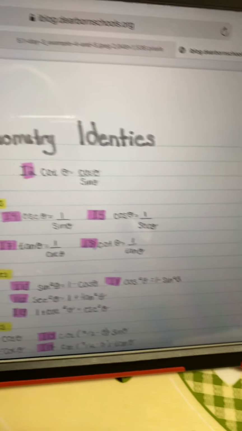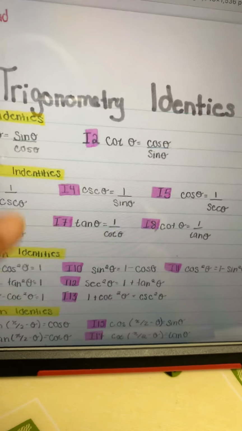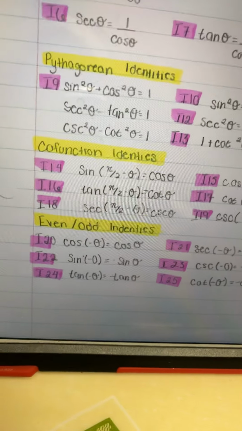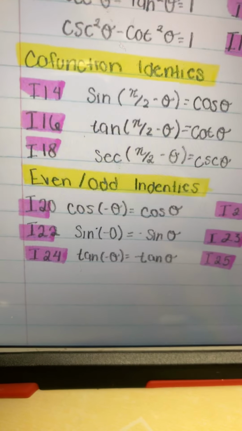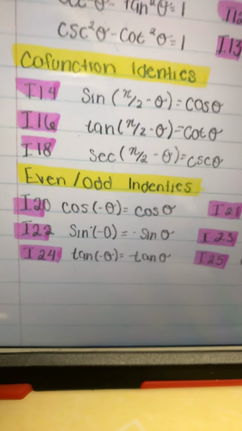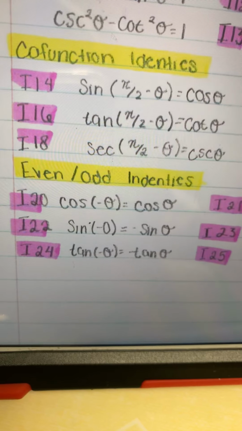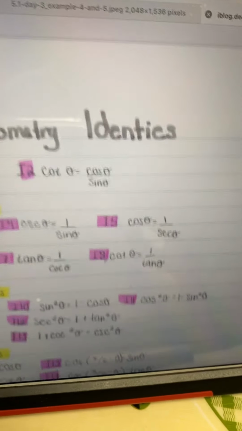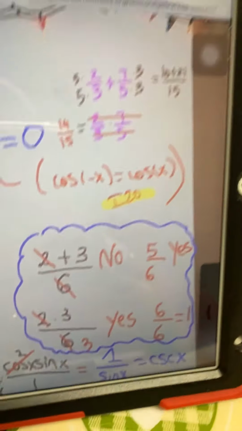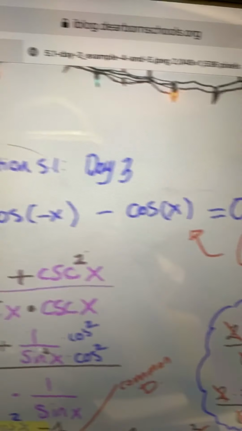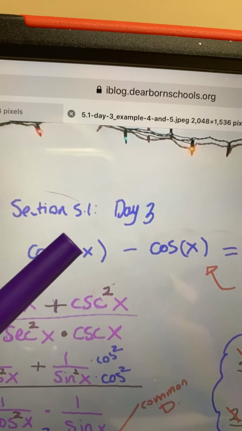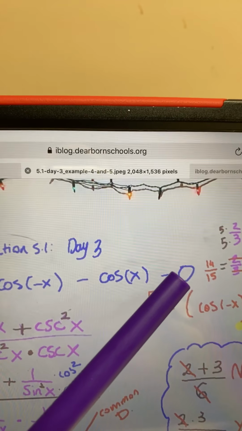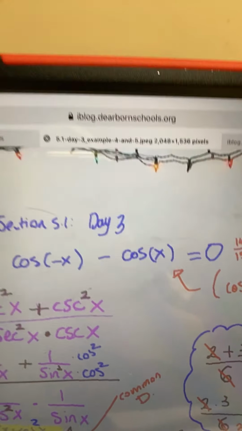So if you can go back to identity 20, you can see that it's the even odd identity. This is where this personalized one comes in handy. Cosine of negative x equals cosine x. So I did use that, identity 20. And that's why when you say cosine of negative x, which is the same as cosine x minus cosine x, of course, it's going to equal 0.